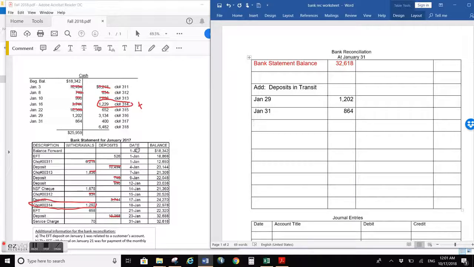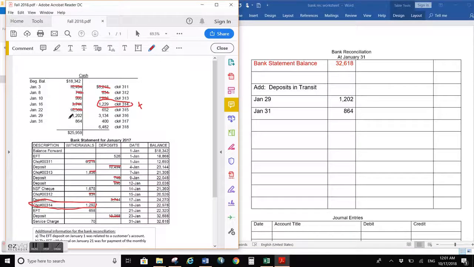Since we're confident that will get added to the $32,618, we're going to add it on this side of the bank reconciliation. So I'm just going to check those things off. Check and check, because I know they're done.